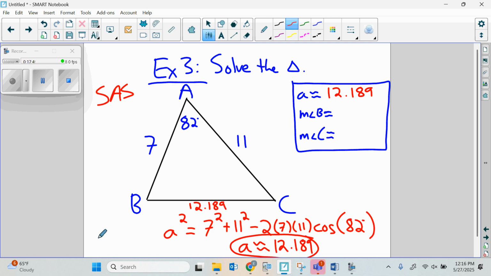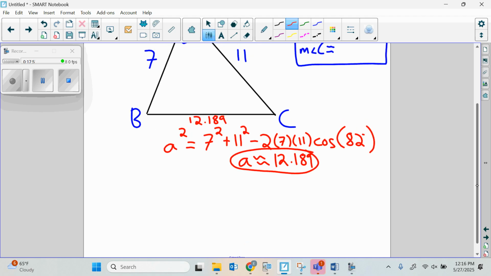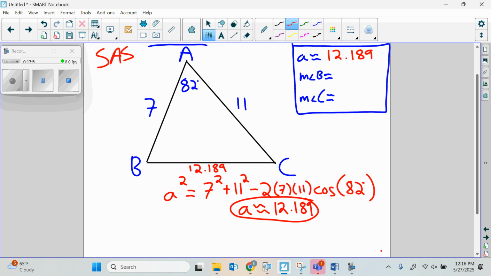So watch how I do this. If I'm solving for angle B, the first thing I have to notice is that opposite from B is 11. So that's the one that's going to be special. So here's what I'm going to say. I'll switch colors just so this stands out.